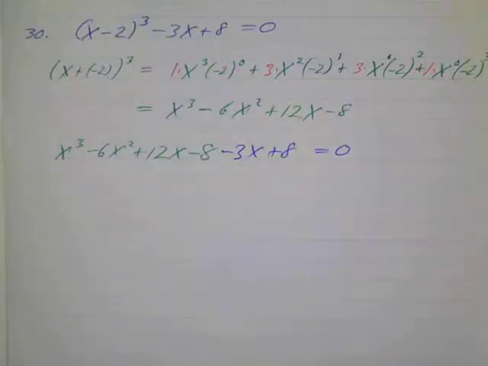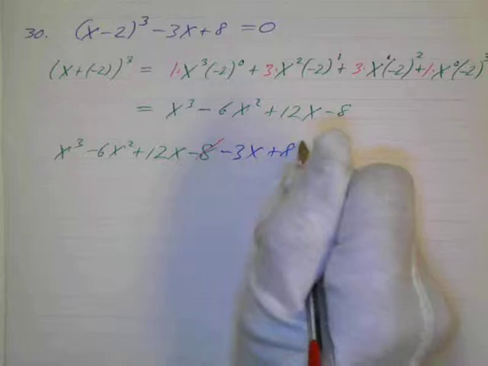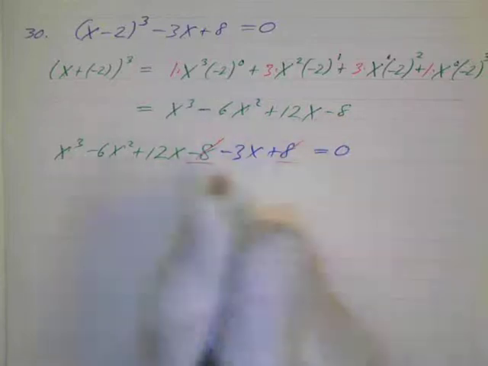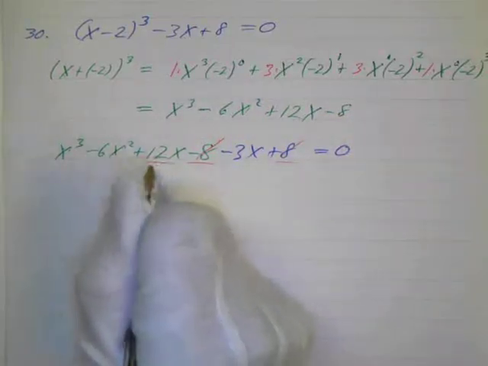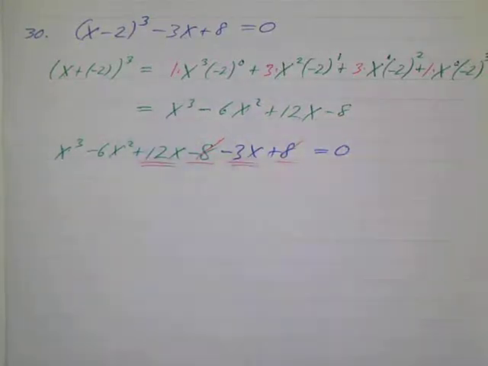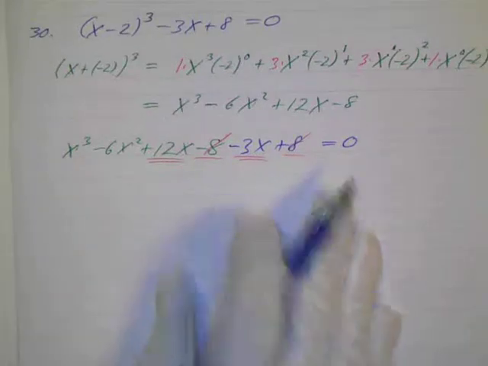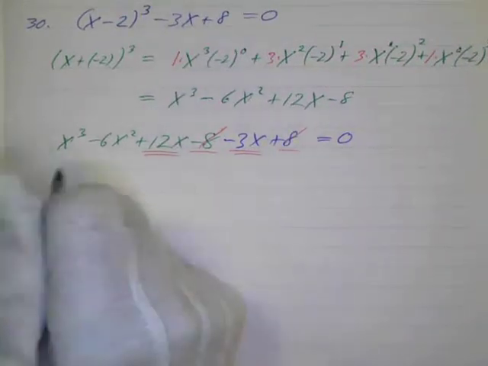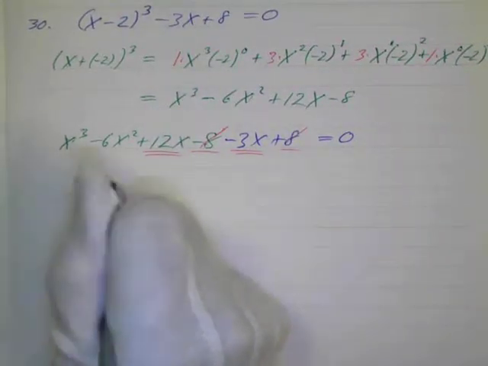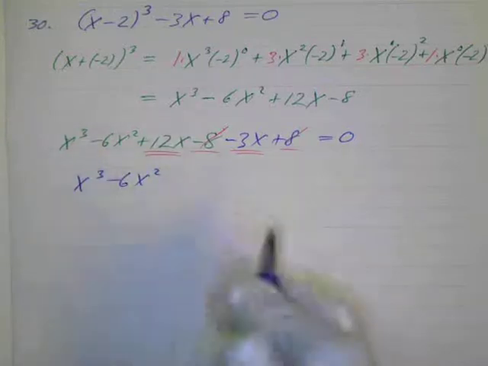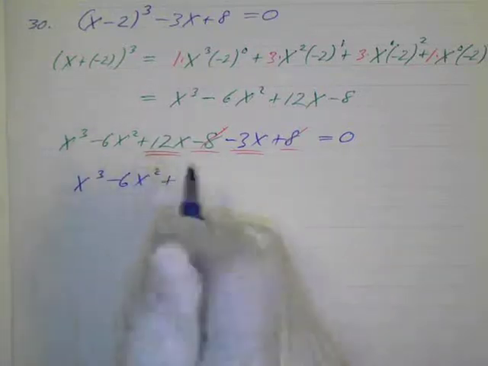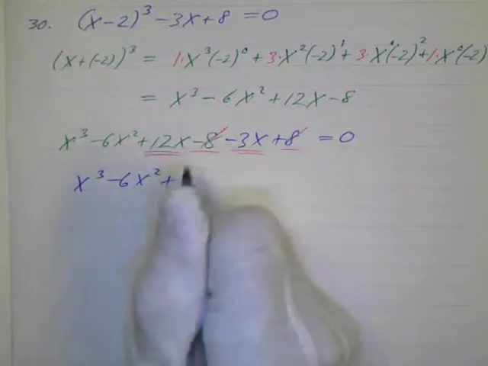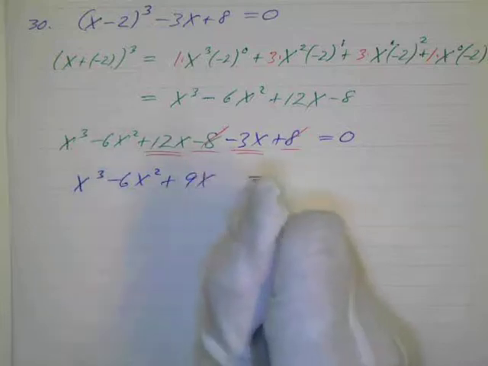So these terms cancel. And then we have some x's. 12x minus 3x is 9x. So now we have, and I'll write this all together, x cubed minus 6x squared plus 9x, and that equals 0.